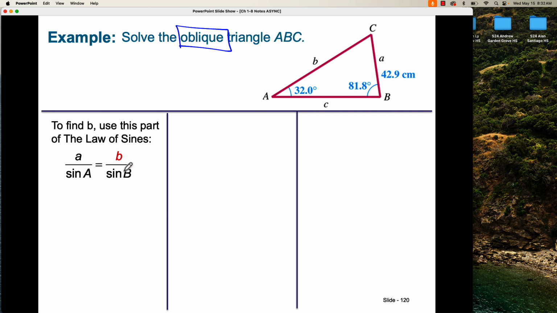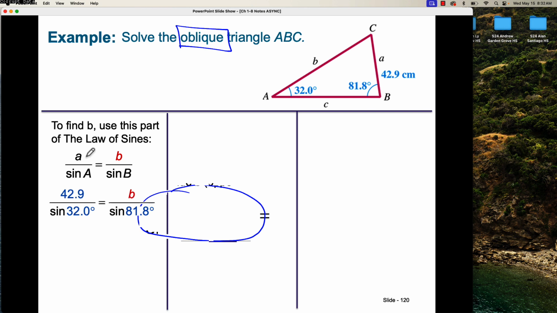I'm just calling them first and second because in the theorem, it's this ratio equal to this ratio. You can put them in any order. Using this ratio equal to this ratio is a good strategy because we know lowercase a, it's 42.9. We know capital A, 32.0 degrees, and we know capital B, 81.8 degrees.